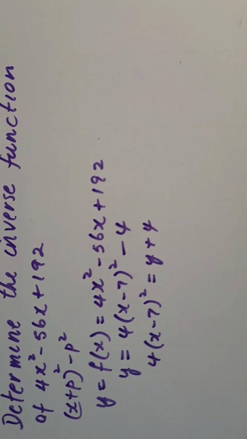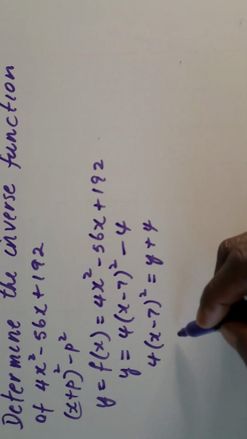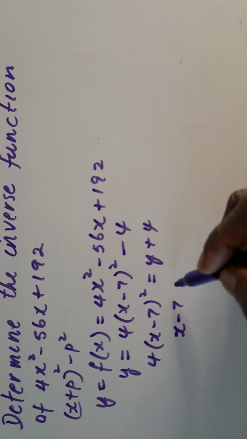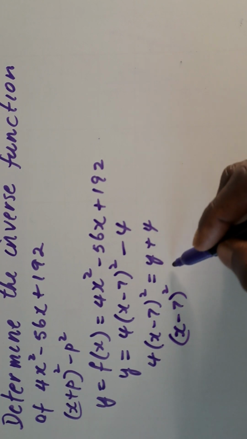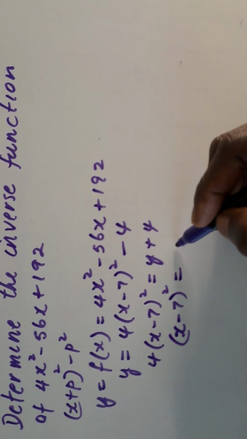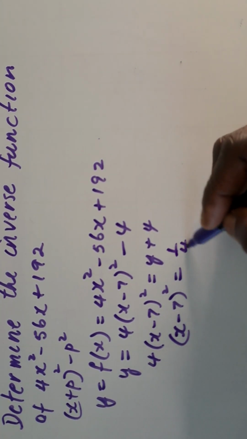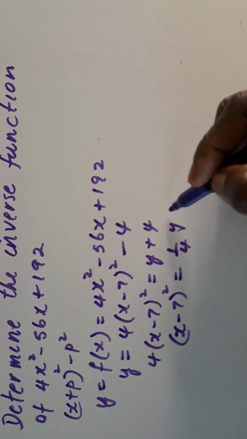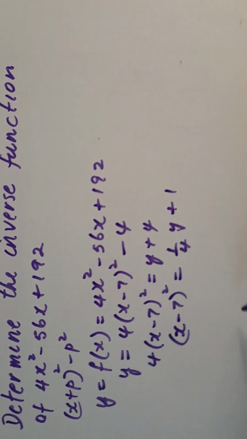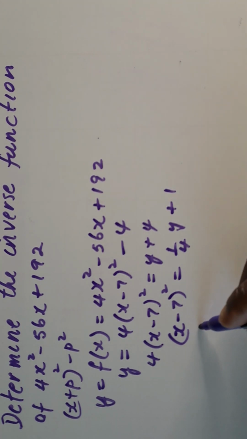If you just divide both sides by 4, we have (x minus 7) squared is equal to a quarter of y add 1. If we take the square root of both sides, we'll be able to get to x, and also we add 7 to both sides.